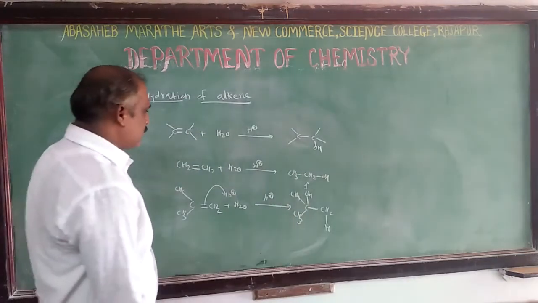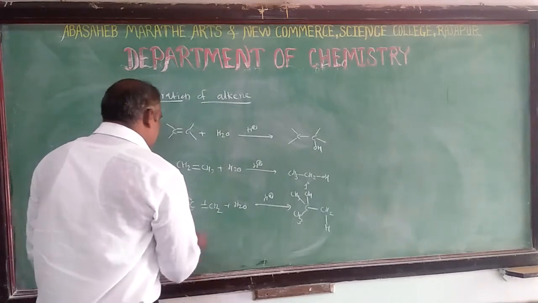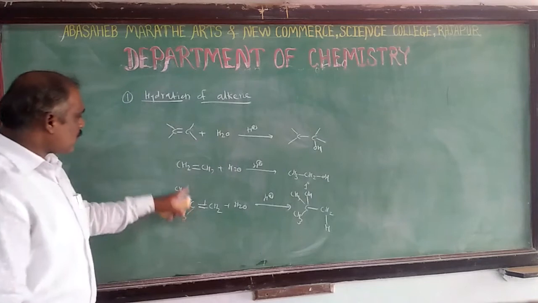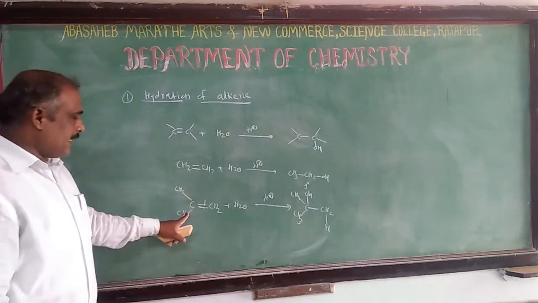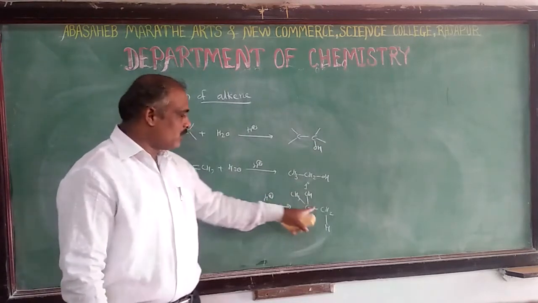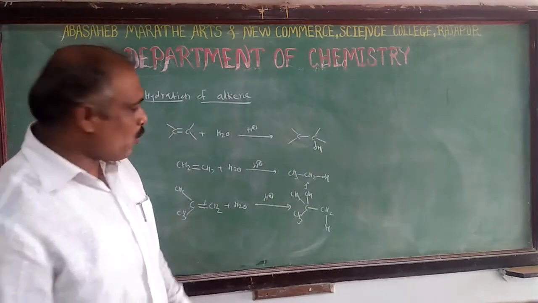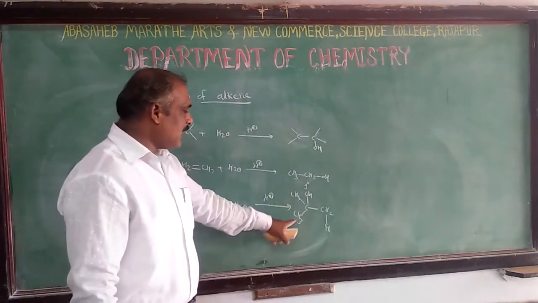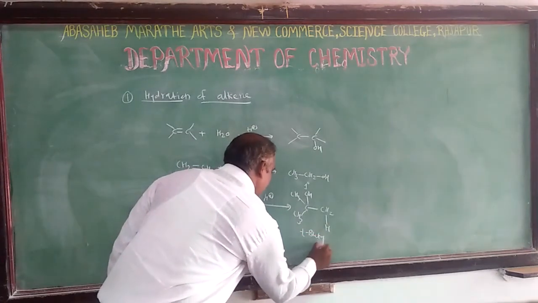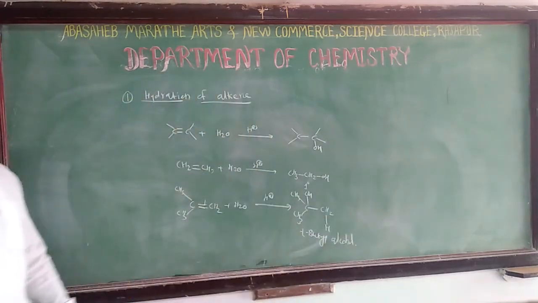So by hydration of a different type of alkene in acidic conditions, we get the corresponding alcohol. And what is the name? The name is tertiary butyl alcohol.